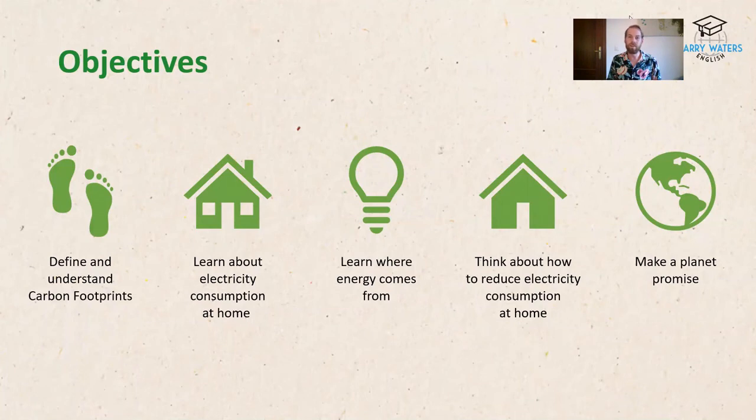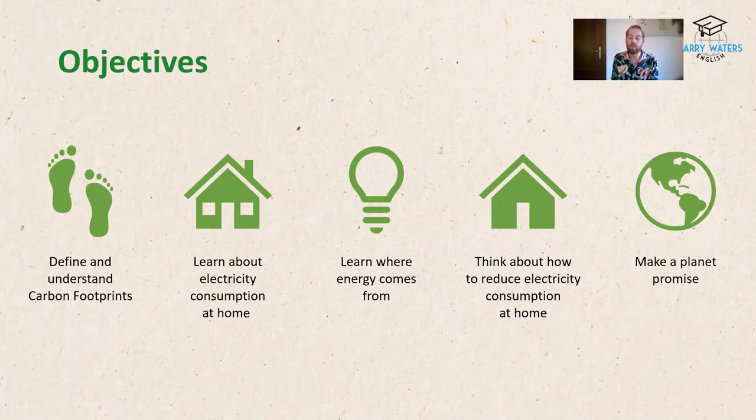Let's look back at our objectives for today's class. Do we understand a little better about our carbon footprints, both personal and household, and also for the country? Did we learn about electricity consumption at home? Did we learn where energy comes from?